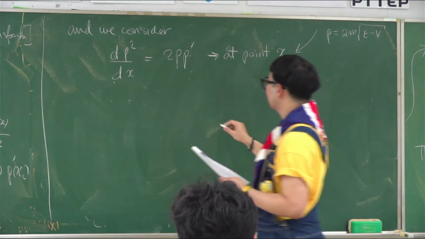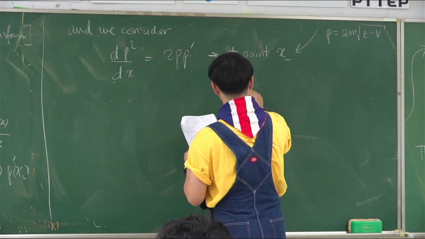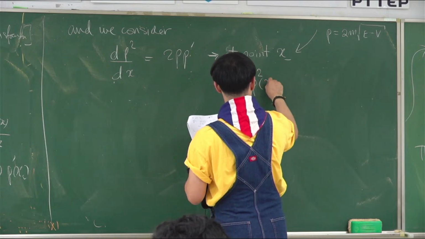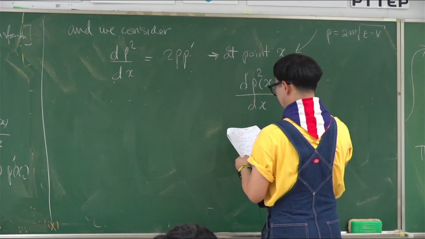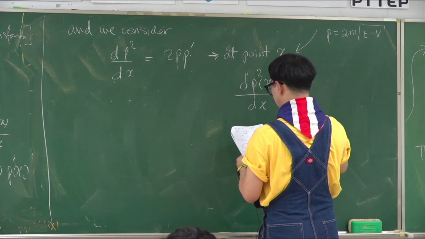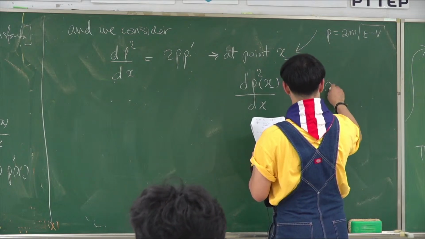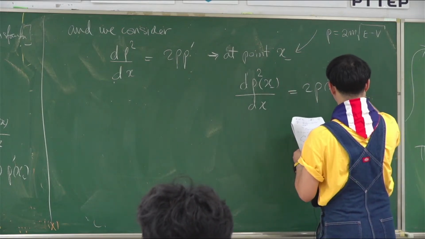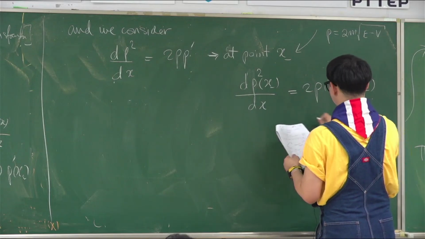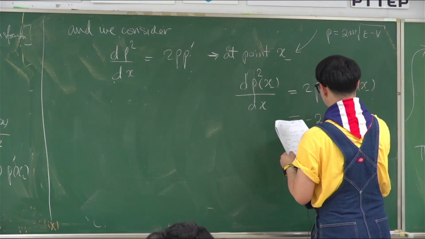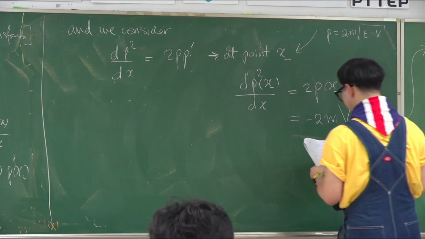So you will get p squared, x minus x to p, x, right, which is actually m.